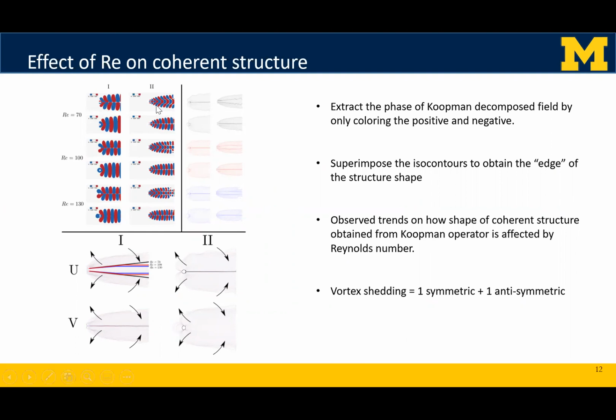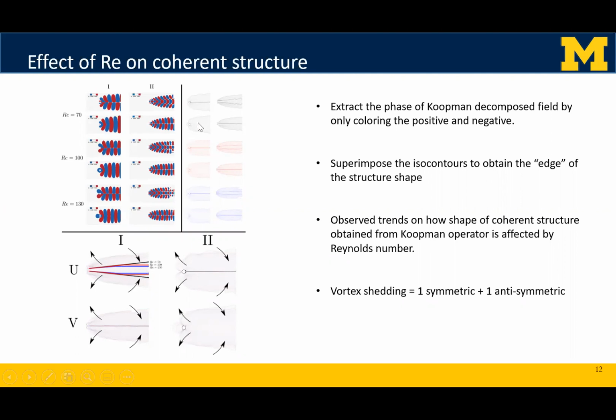Then we superimpose all the isocontours in time, such that you can form an envelope of the mode shape. And then we stack them all together for 3 different Reynolds numbers. We can see an interesting trend that as Reynolds number increases, the head of the envelope increases and the tail becomes more parallel to the free stream.